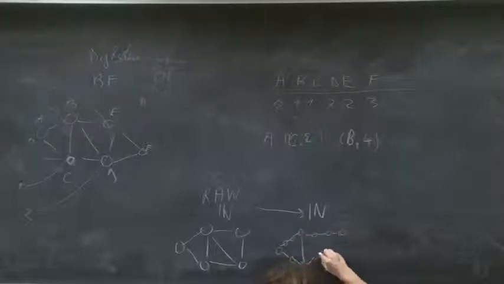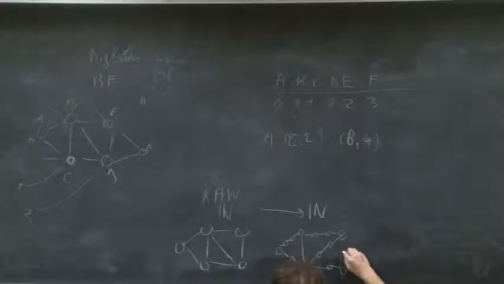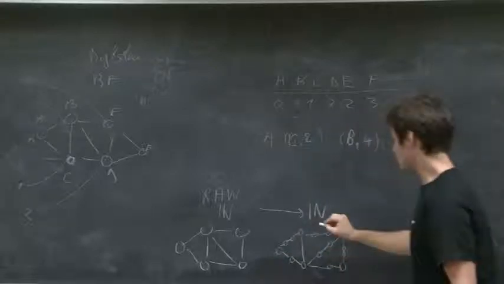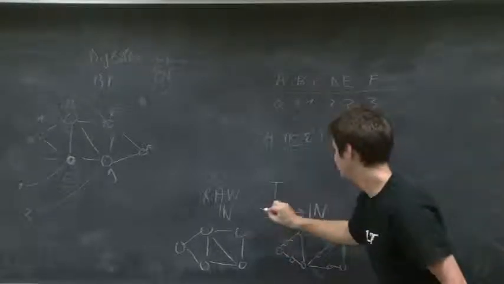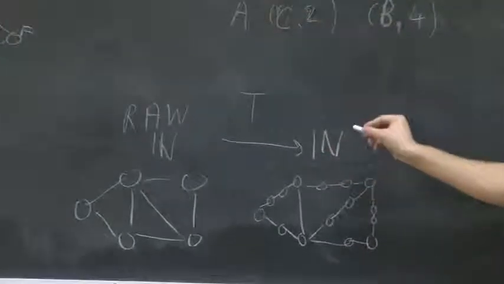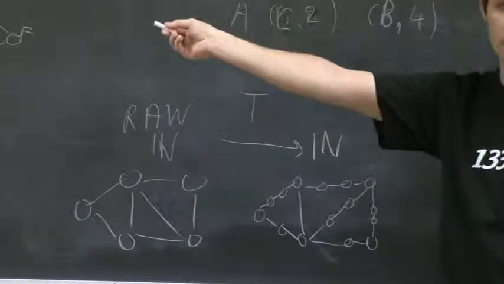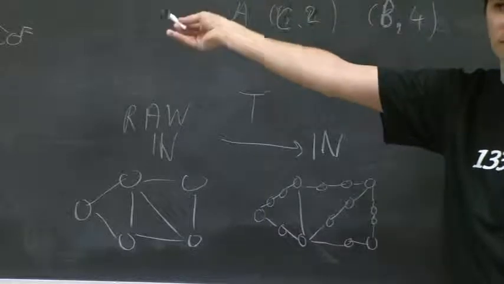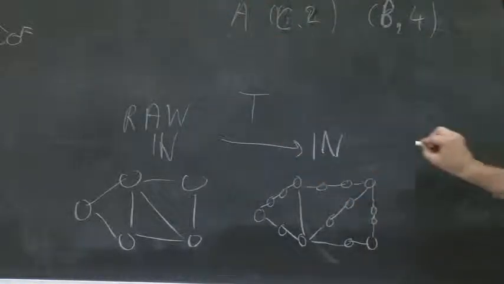So we applied a transform, right? We took this graph and we built a new graph. And this is hopefully easy, right? Take an edge and split it up, put in fake nodes. This is easy. We know how to code that.